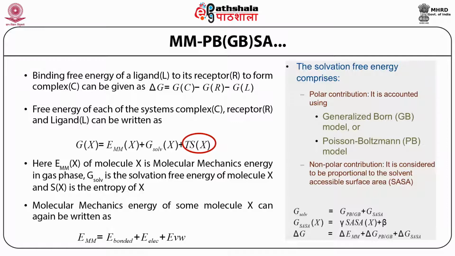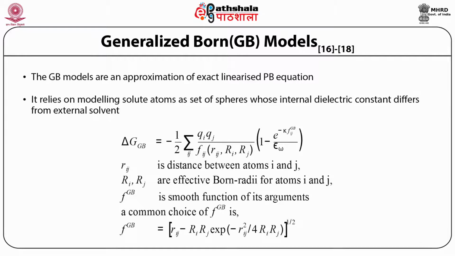However, these 2-3 formulas shown on the right-hand side do not include the TΔS. Hence, this method is very much applicable to systems which are not much influenced by entropic motions or contribution from entropy. The generalized Born model includes a spherical assumption of the solute and interaction with the solvents, which is shown in this formula here with the description.